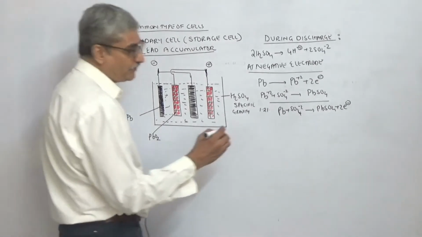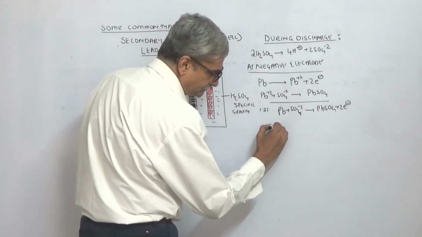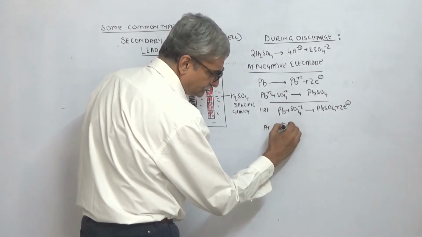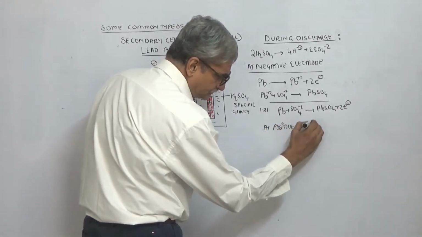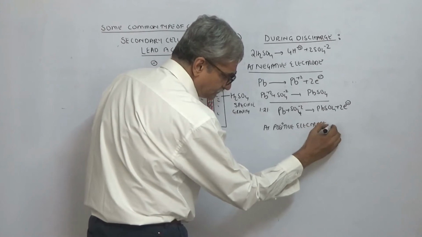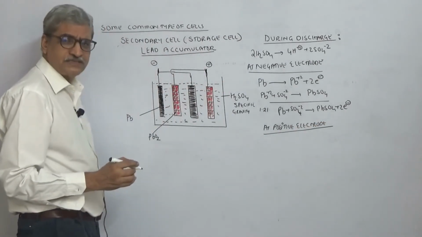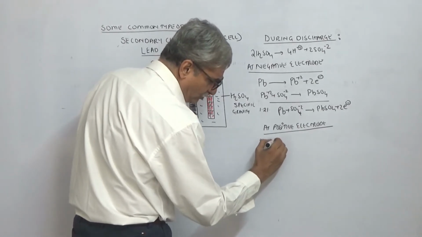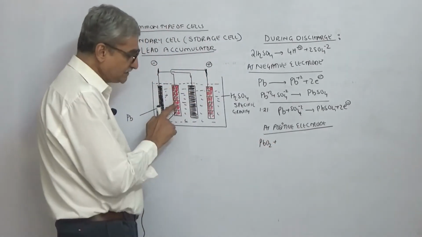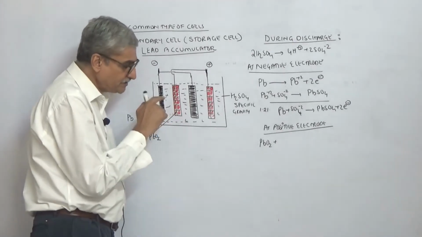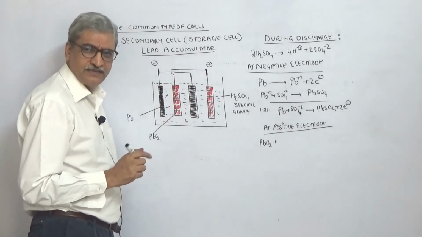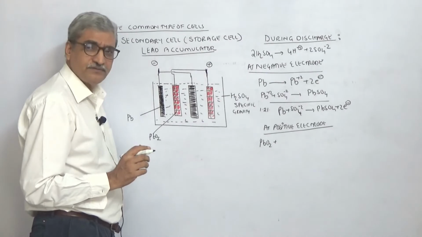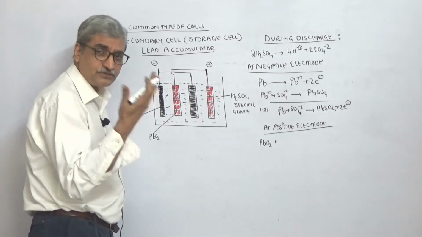Then what happens at the positive electrode? You have PbO2. You had a lead mesh which was impregnated with lead oxide. Why? Because it's a powder, right? Something has to hold it.